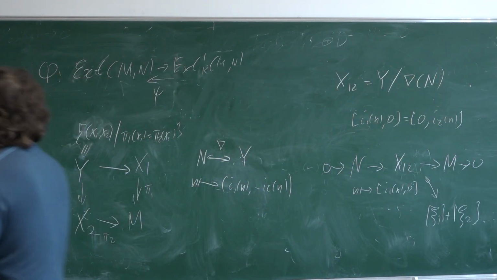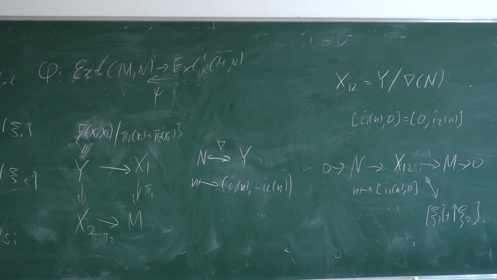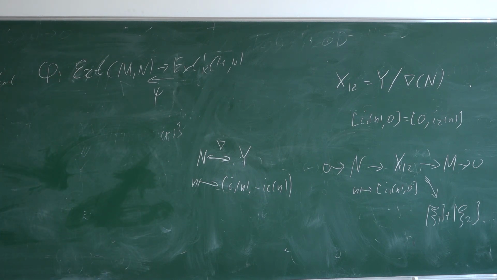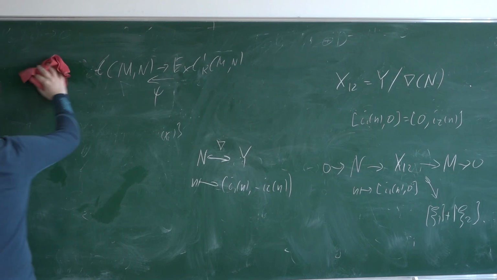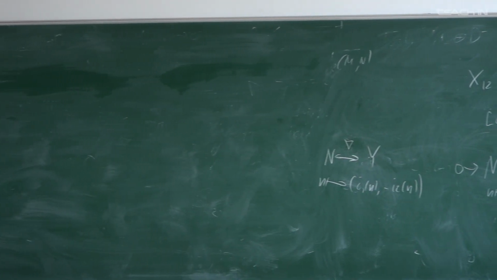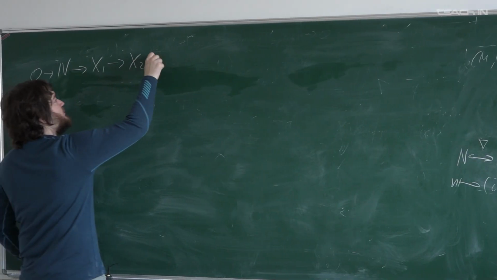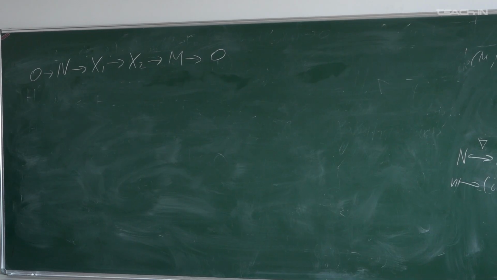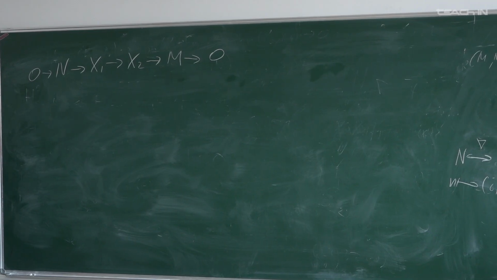Another thing: as I said before, we have a coordinate-free map from extensions to Ext1. But consider an extension of some length, for example length 2: N, x1, x2, M. This is an exact sequence of this form.